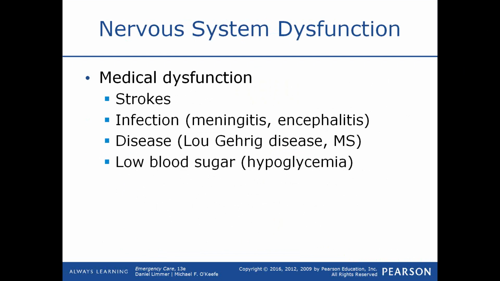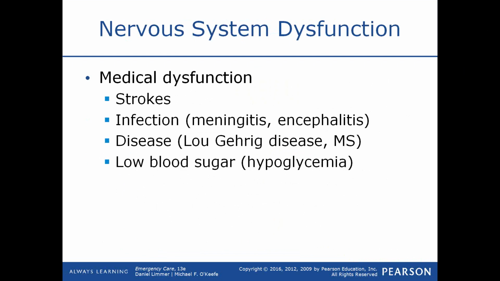And then diseases like Lou Gehrig's disease or multiple sclerosis are nerve wasting diseases that eventually lead to the inability to breathe, and patients die because they can't breathe themselves.